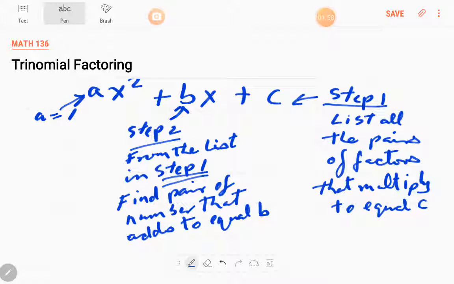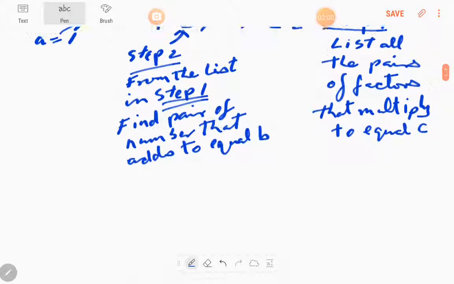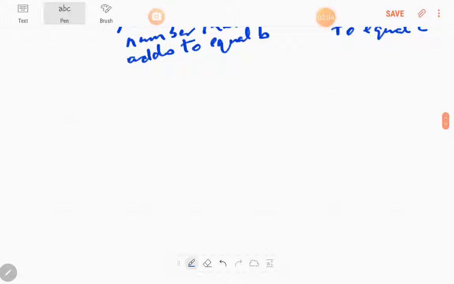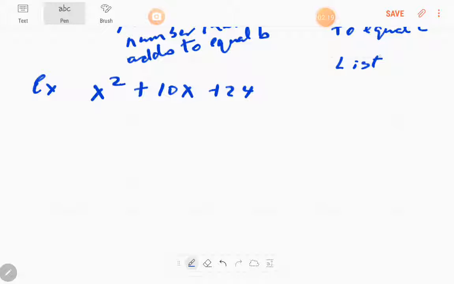Okay, so let's look at an example. For example, say we had x squared plus 10x plus 24. So we want to list all those pairs. So we're listing all the pairs that multiply to give 24.